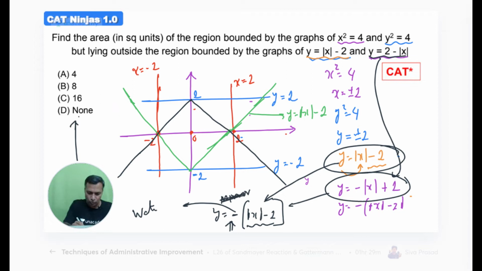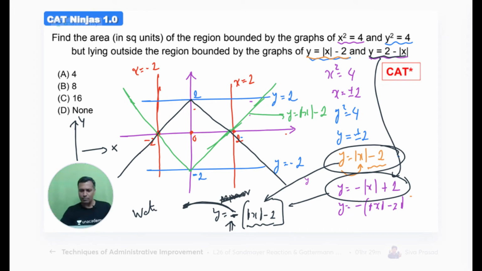Across the y-axis is called the mirror image, and across the x-axis is called the water image. Whenever you have a minus sign outside, we are supposed to take the water image across the x-axis. Is it making sense? Everybody clear? So we spoke about the mirror image and water image also. There is no mirror image here, there is a water image here. Understood? We introduced all possible terms in this question.